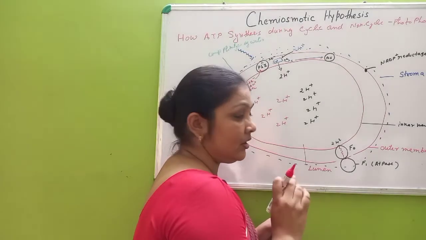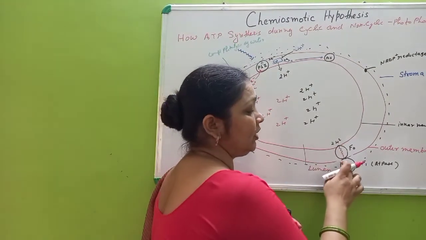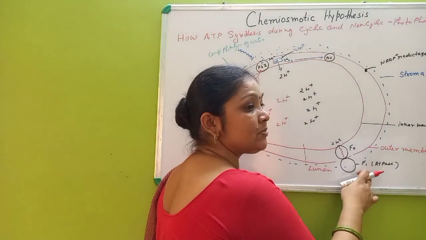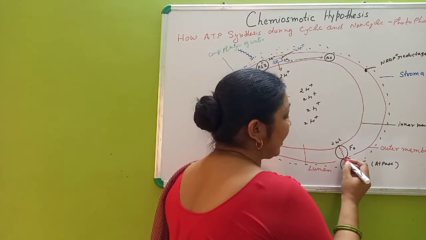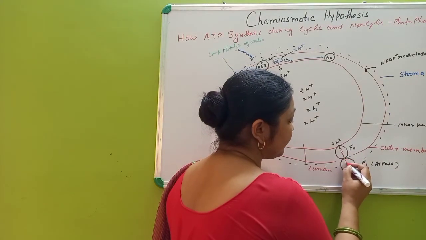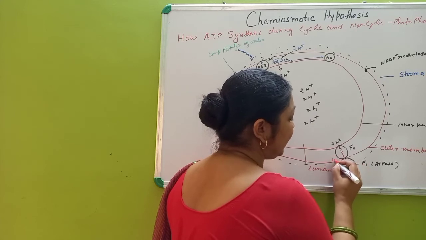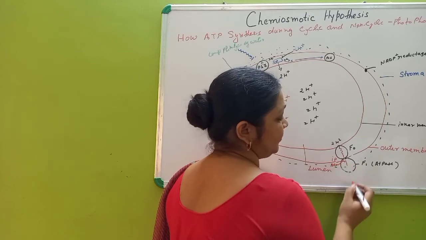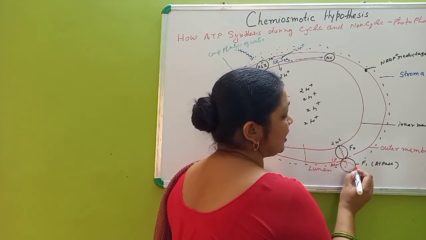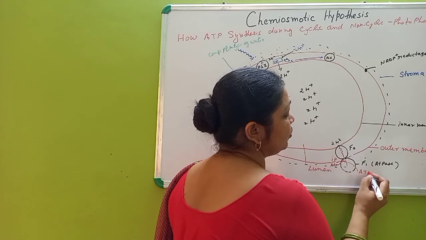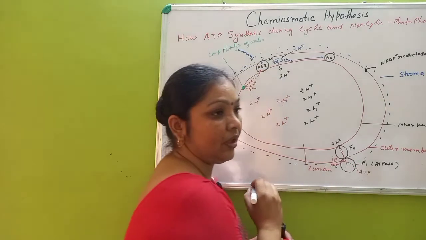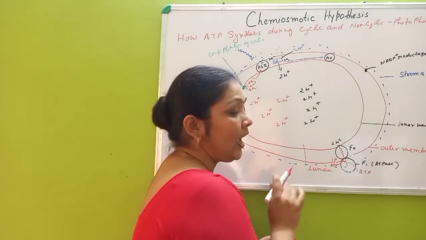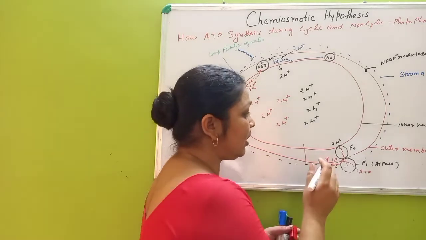Now the energy that is present in the proton gets utilized by this F1 molecule, that is the ATPase molecule, and it utilizes it to fix one inorganic phosphate and one ADP, and ultimately by utilizing this energy it will convert it into ATP, and thus the formation of ATP takes place, and now the energy is released out.